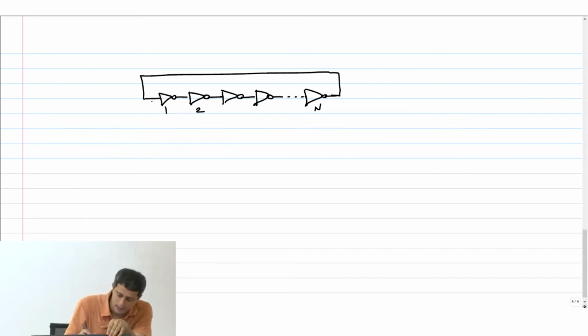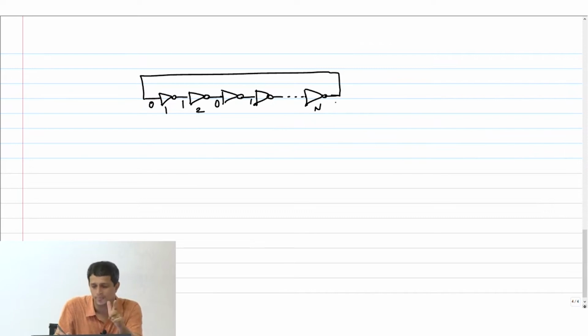then what happens is, let's say that this is 0. Then this will make the output of the first inverter toggle to a 1 after some delay. So this will become 1, then this will become 0 after some delay, 1, 0, and then eventually, because n is odd, this will switch to a 1.